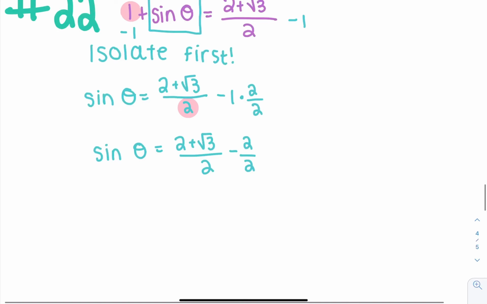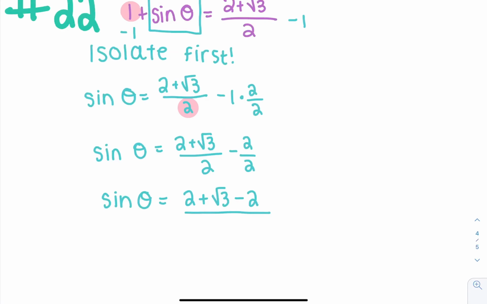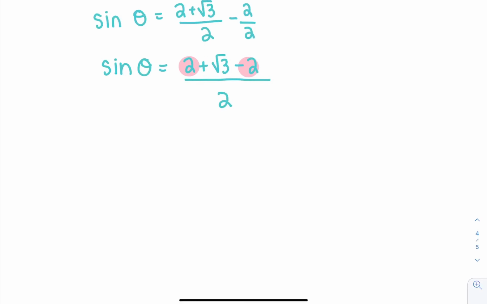Now I'm going to subtract. So now sine of theta is 2 plus the square root of 3, and I can subtract the numerators and keep the denominators the same. Notice this becomes 2 minus 2, so those cancel. So I get sine of theta equals the square root of 3 over 2.